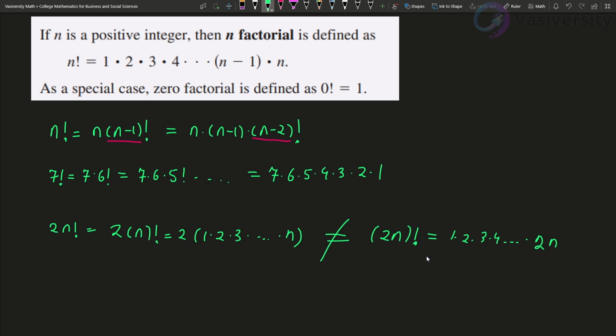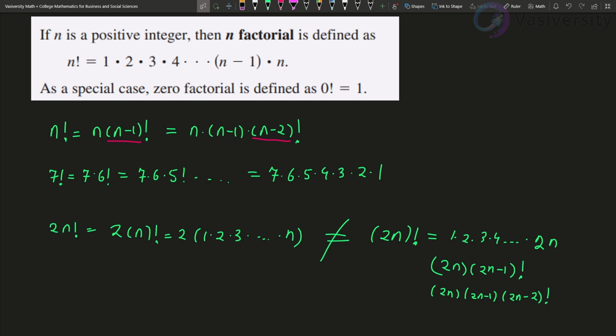And when we take it out, we would take it out as 2n times (2n minus 1) factorial. The minus 1 is subtracted from the whole 2n, right? We're subtracting as a whole thing. Then we can also write it as 2n times 2n minus 1 times (2n minus 2) factorial. Okay, perfect.